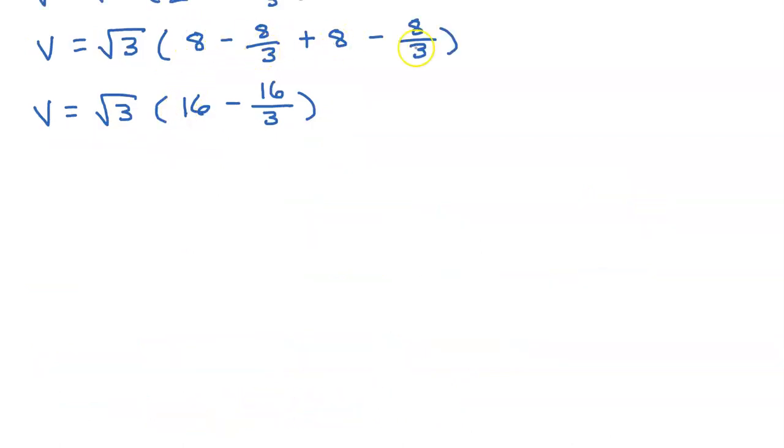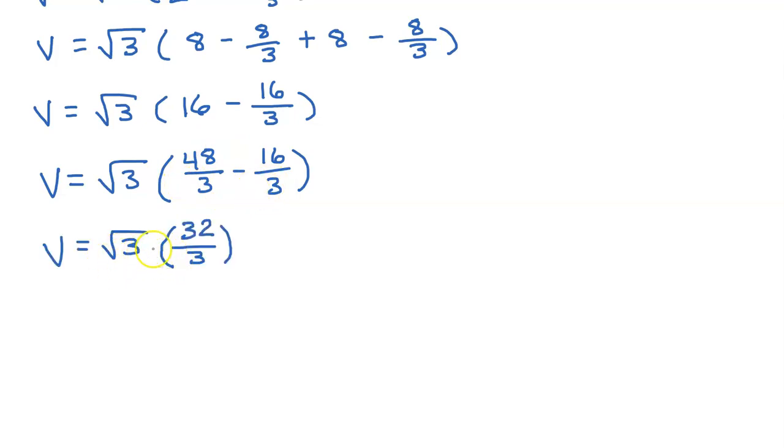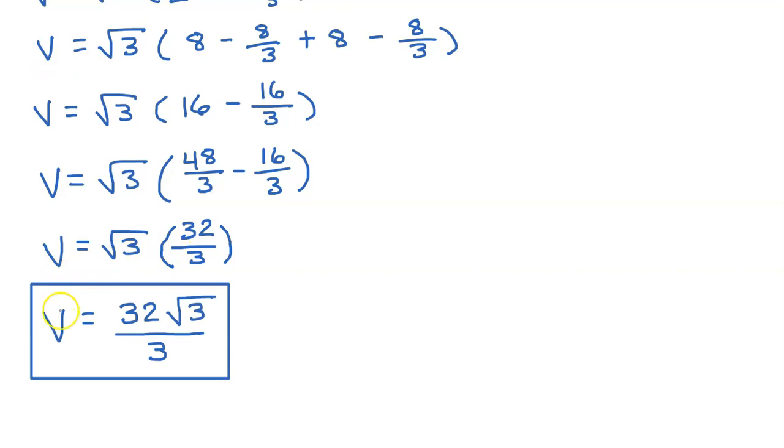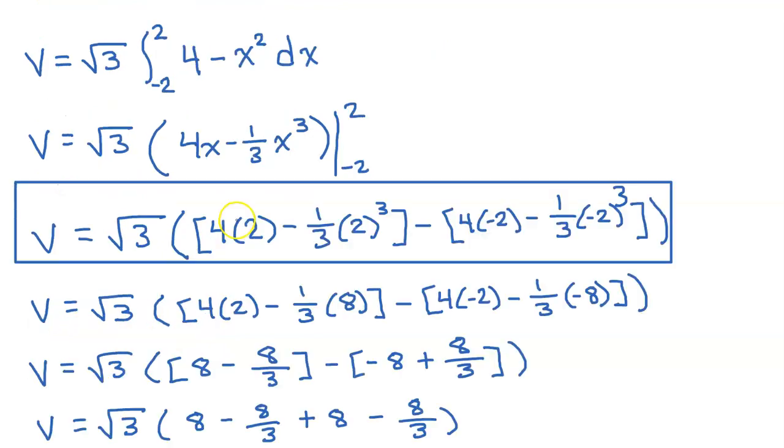Combining some of the terms gives us this. Making like denominators gives us this, which simplifies to this. So the volume of the solid is 32 radical 3 over 3. However, if you have a free response question on the AP exam, I strongly encourage you to leave your answer like this so you don't risk losing points for careless mistakes.